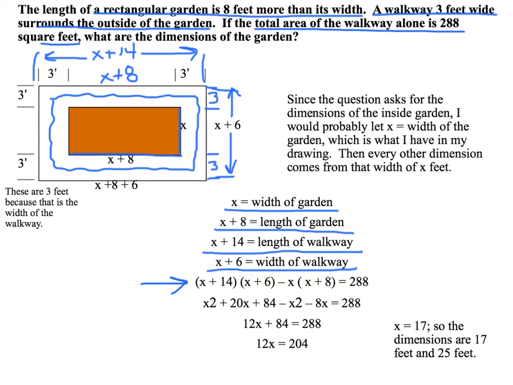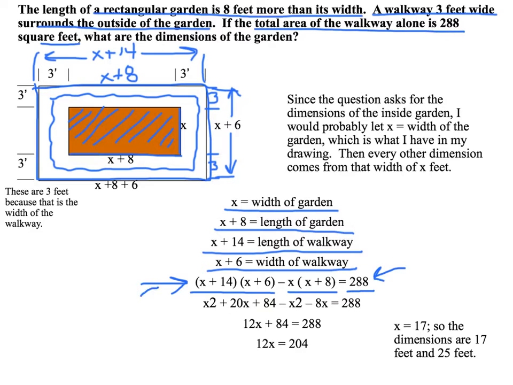What I did is I took the entire area of the walkway and the garden, which is x plus 14 times x plus 6, and I subtracted out the area of just the garden. If I take that out, then I'm just going to be left with the area of the walkway, and the area of the walkway is 288 square feet. So this would be an equation that would work for that.